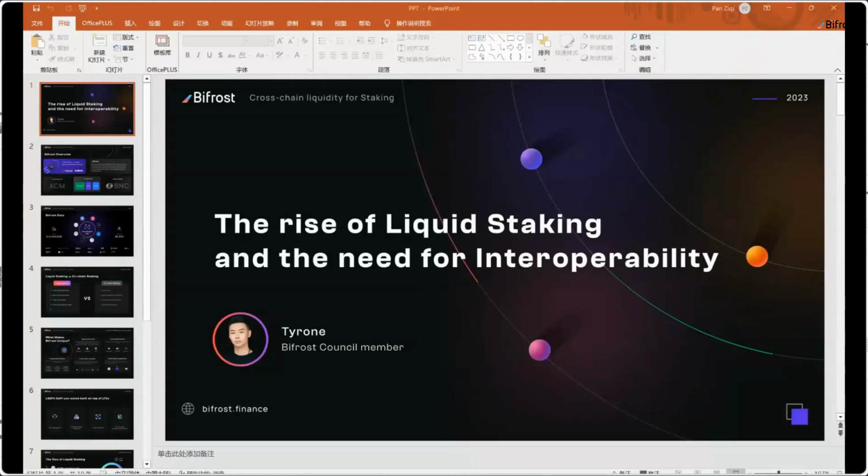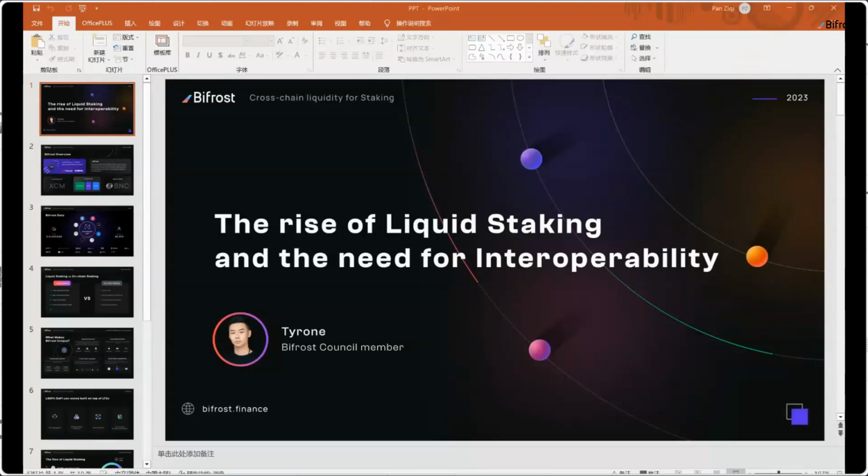Bifrost is a Web3 liquid staking protocol, and we provide decentralized cross-chain liquidity for staked assets. More importantly, we are using XCM to execute stake and delegate for different parachains and different consensus.